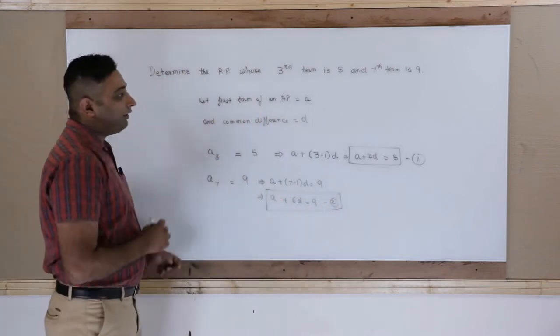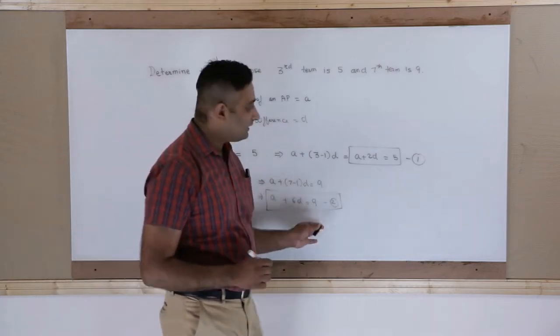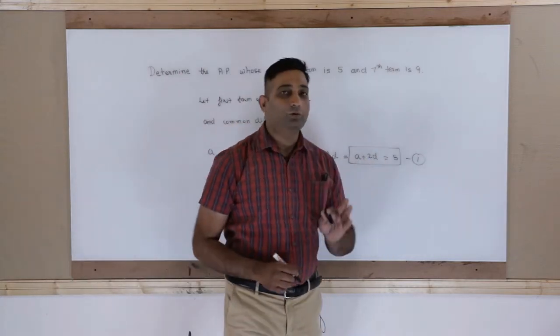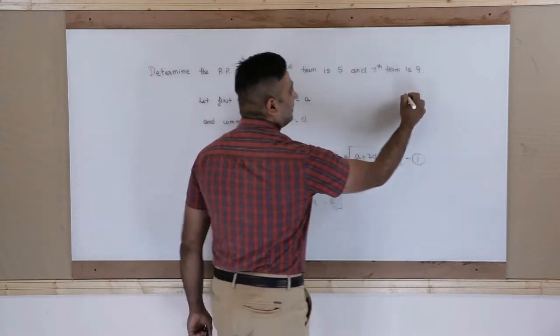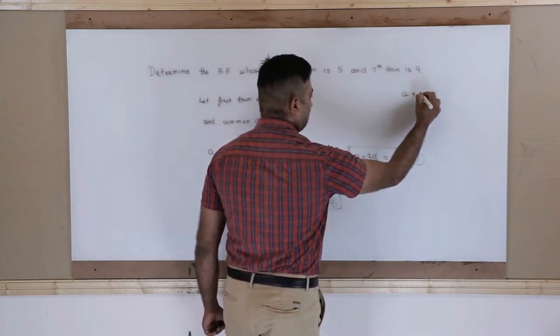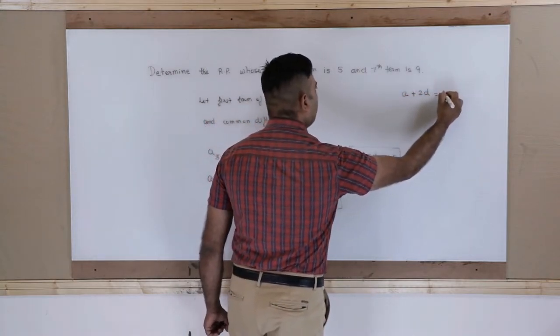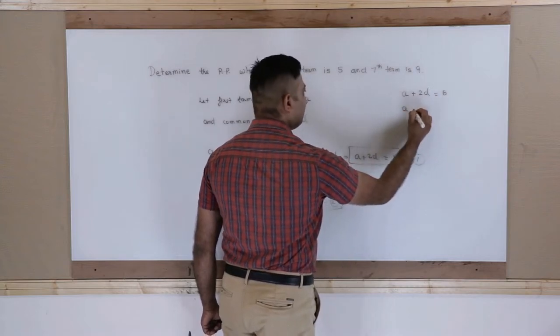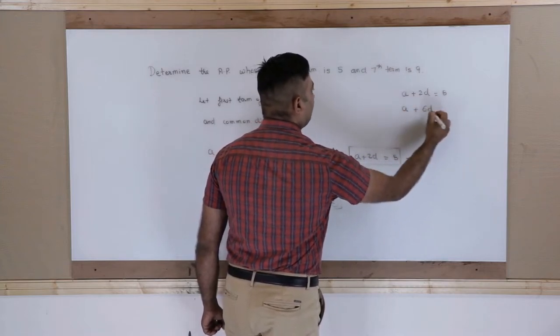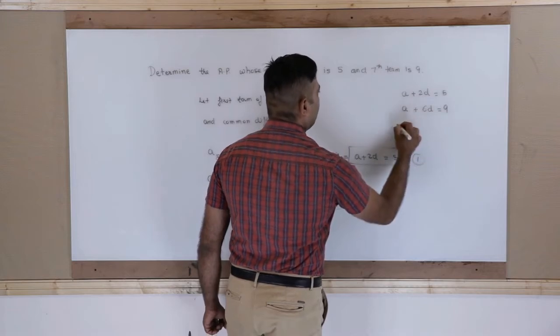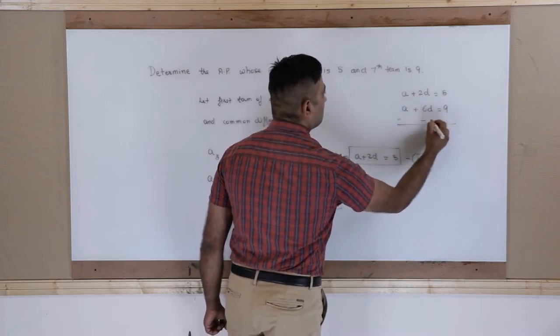Now let us solve these two linear equations in two variables A and D to find A and D. We can use the elimination method. Now A plus 6D is 9. Let us subtract these two equations.